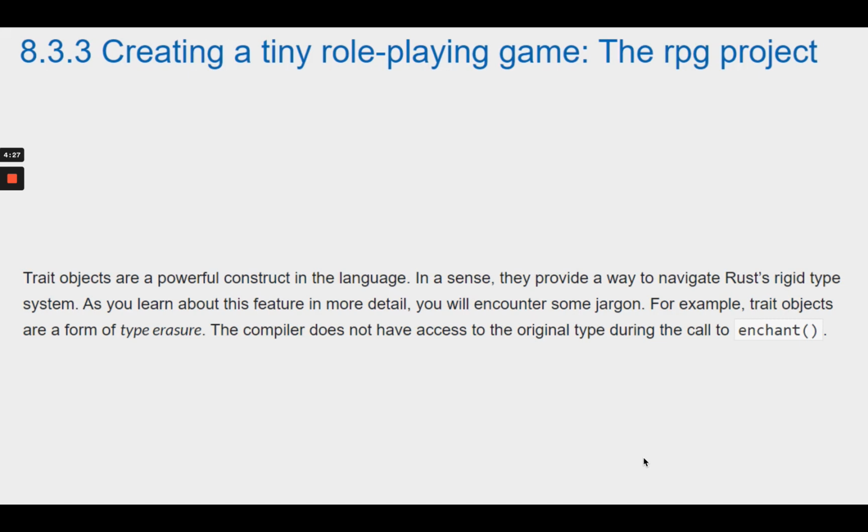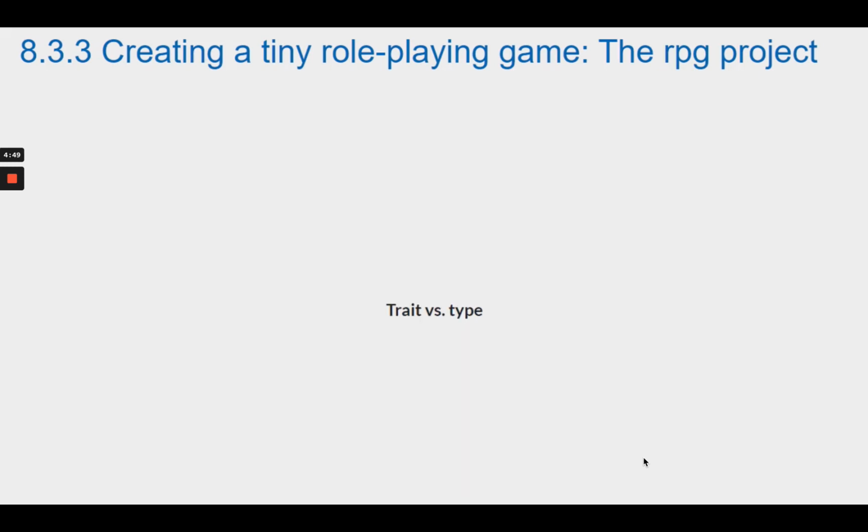Trait objects are a powerful construct in the language. In a sense, they provide a way to navigate Rust's rigid type system. As you learn about this feature in more detail, you will encounter some jargon. For example, trait objects are a form of type erasure. The compiler does not have access to the original type during the call to enchant.